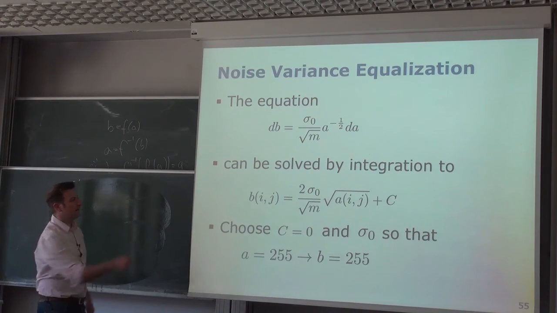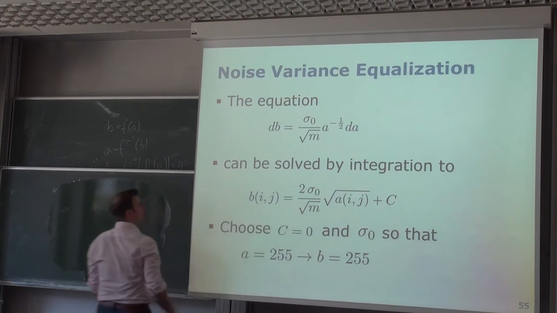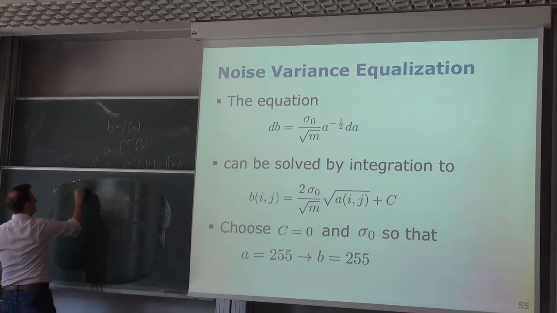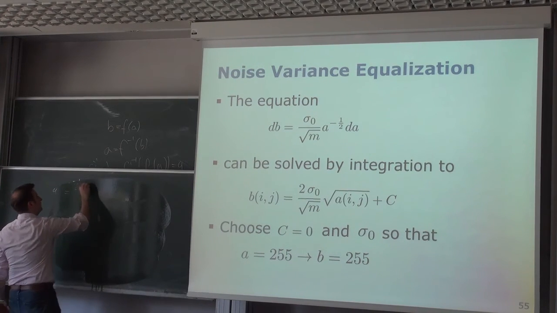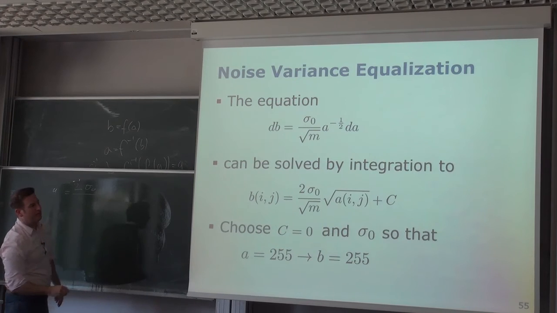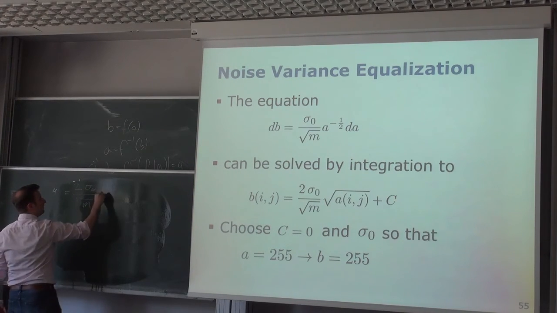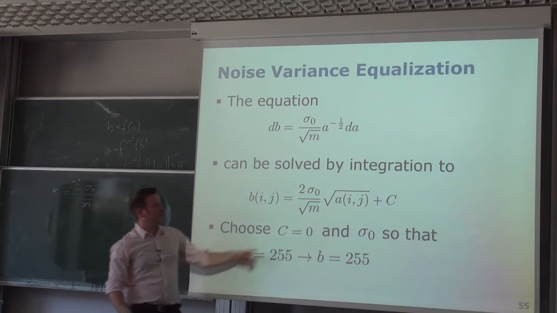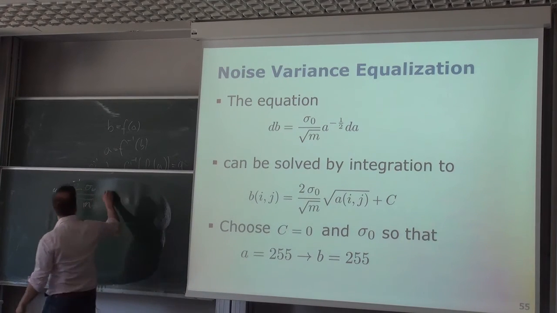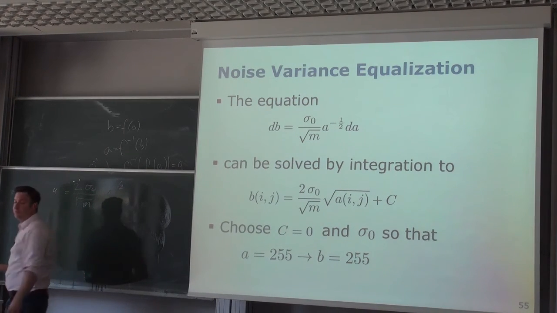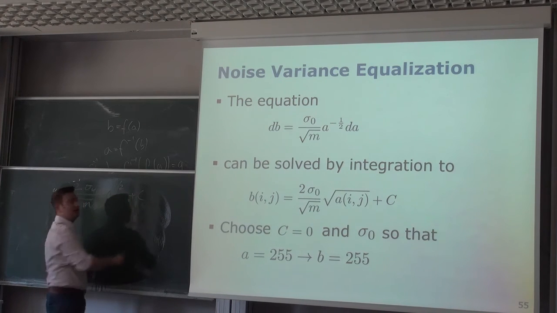So if I have this expression over here, this is equal to 2 times sigma 0 by square root of m, times the square root, so a to the power of 0.5, plus some constant c.